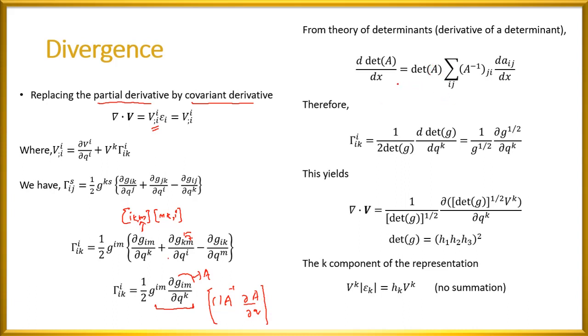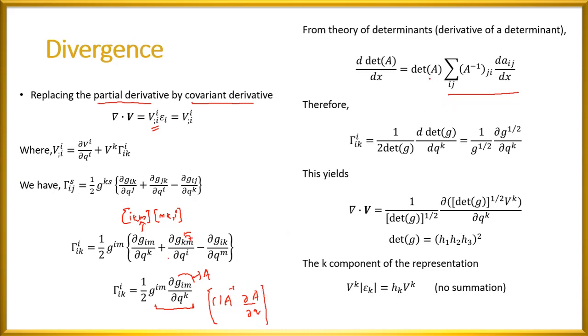That is, we can take the derivative of the determinant of a matrix such that the derivative of the determinant of a matrix is equal to the determinant of that matrix into summation over A inverse Ij into the derivative of all its components. Now, this is similar to what we have here. Therefore, we can rearrange this and write.